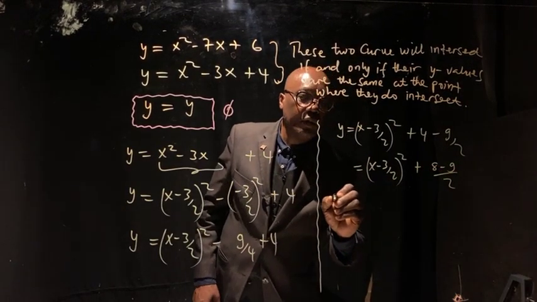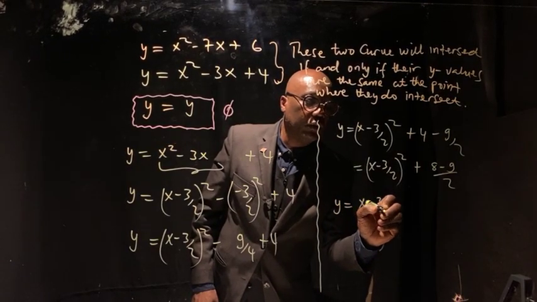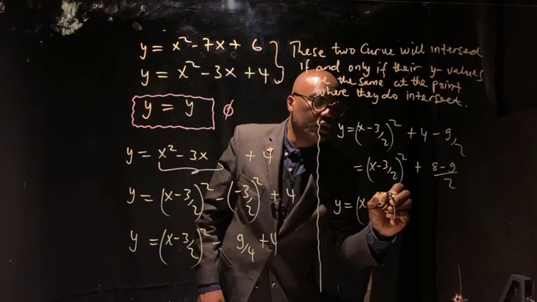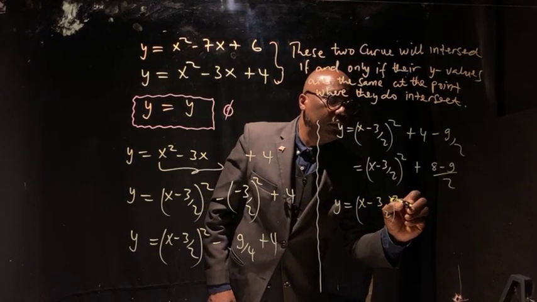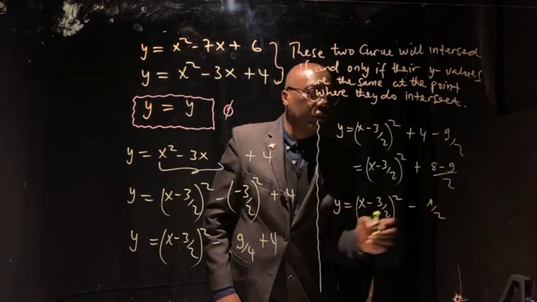So we have y equal x minus 3/2 squared plus 7/4.